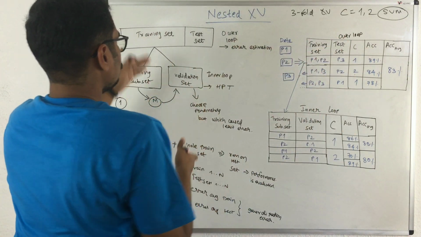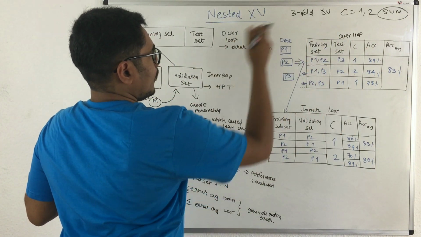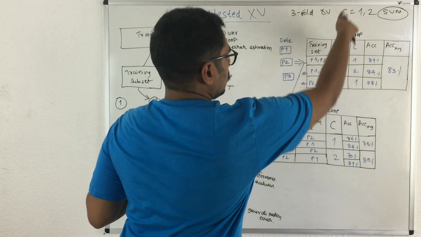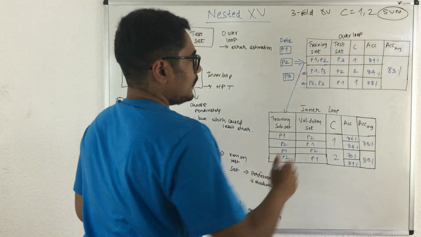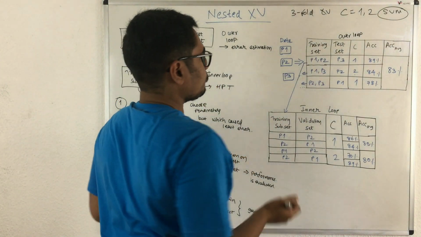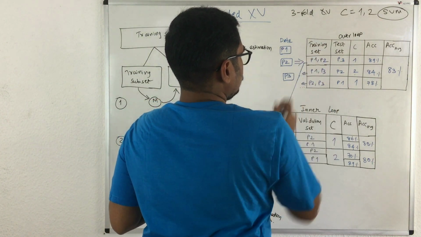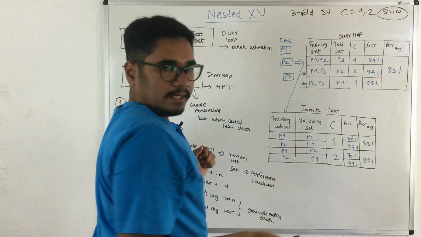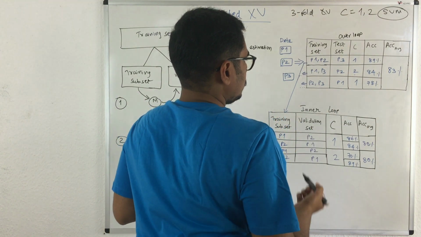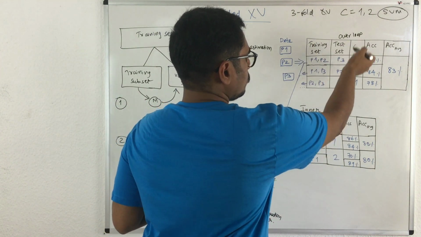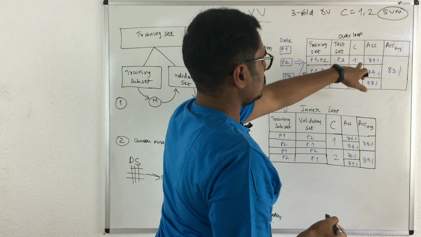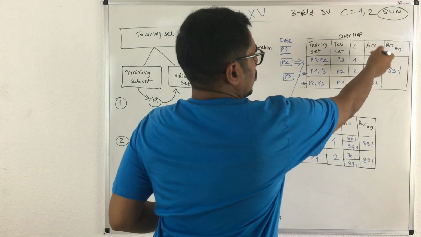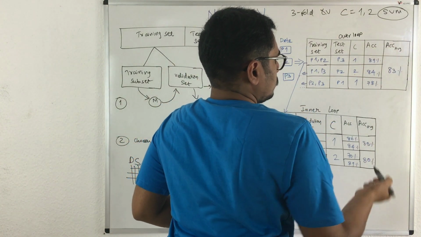On the outer loop you have the training set, the test set, this parameter, then the accuracy, and you calculate the average accuracy. First, in the training set you take P1, P2 as training and P3 as test set. Then you have the parameter C as 1, just taken arbitrarily, and you record the accuracy.